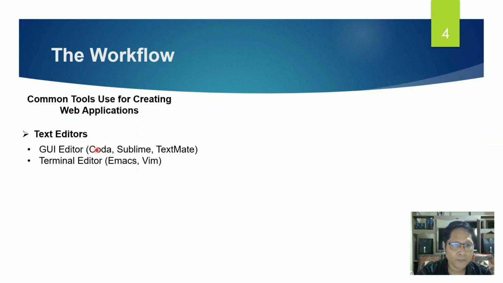We have three examples of the GUI text editors: Coda, Sublime, and TextMate. For terminal editors, we have two: Emacs and Vim.